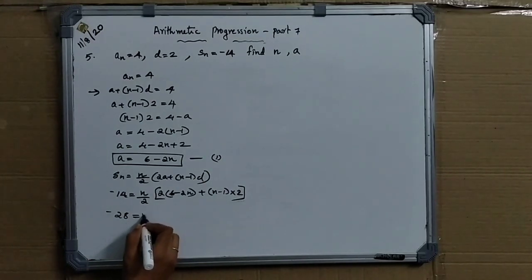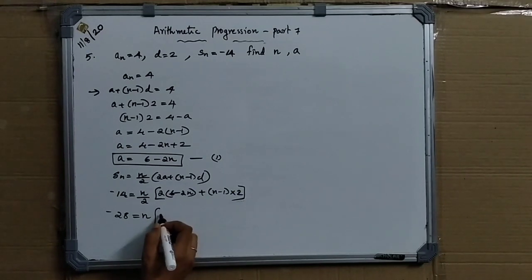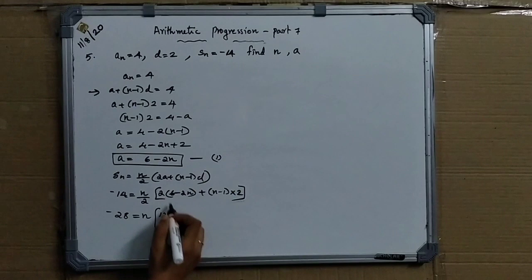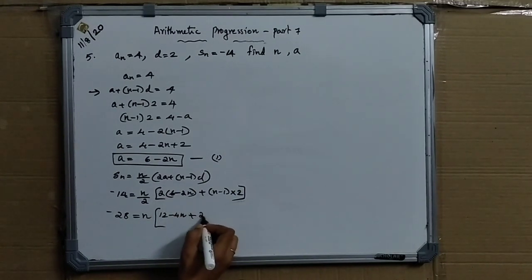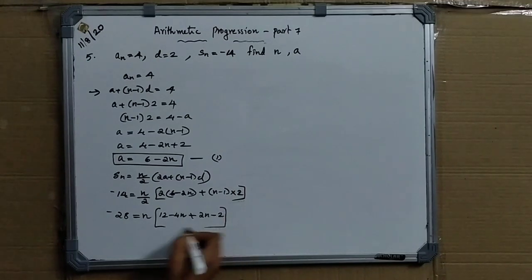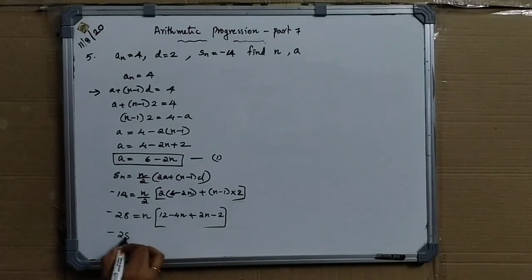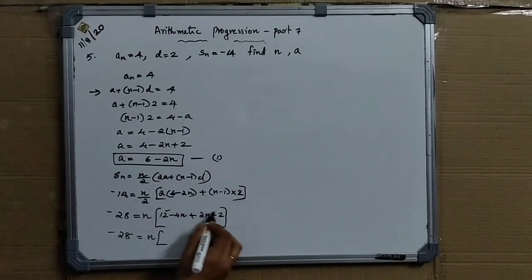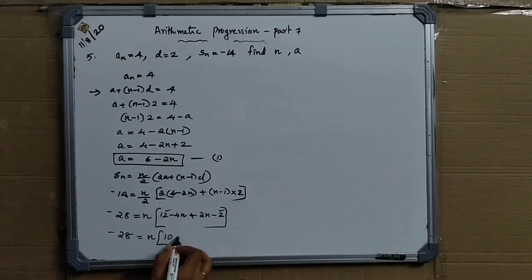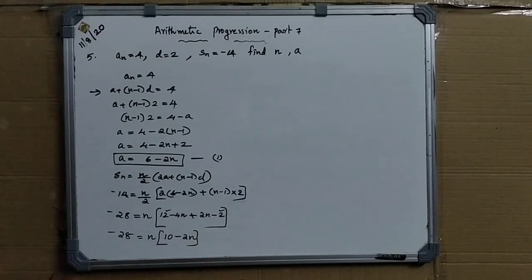Minus 28 equal to n into, here we remove the bracket, 2 into 6 is 12, 2 into 2 minus 4n plus 2n minus 2. Now negative 28 equal to n into (12 minus 2, it is 10) 10 minus 2n. Now if you can see, it is an equation in n.